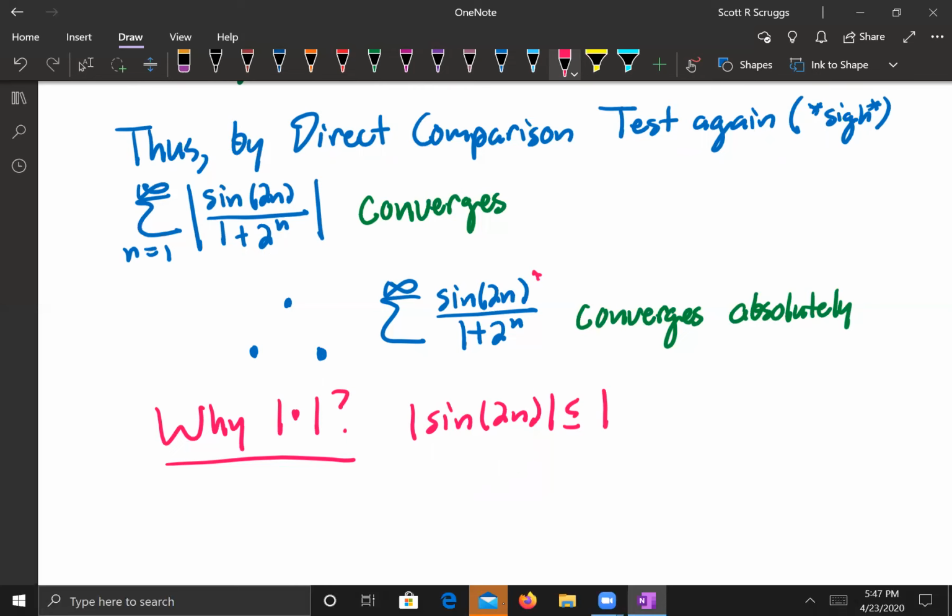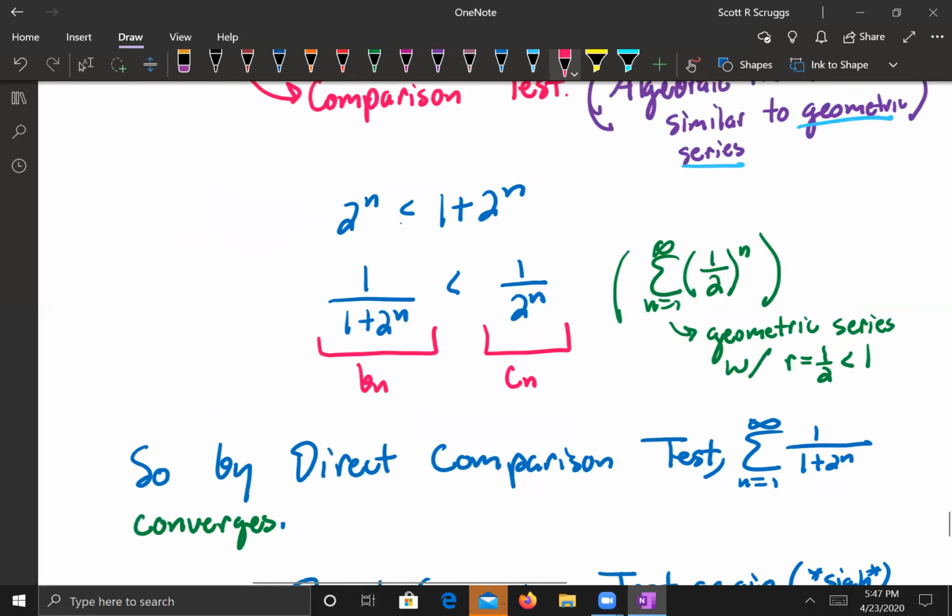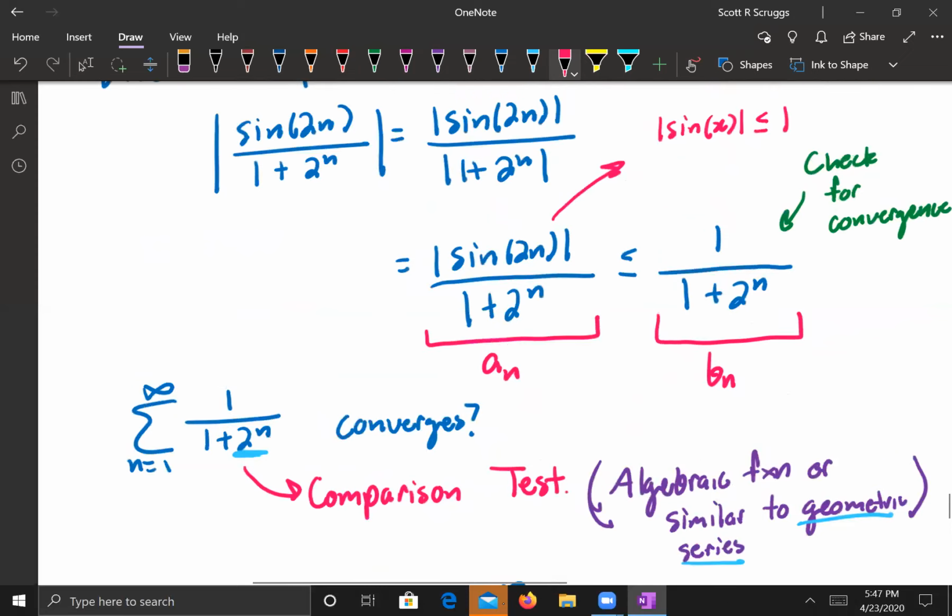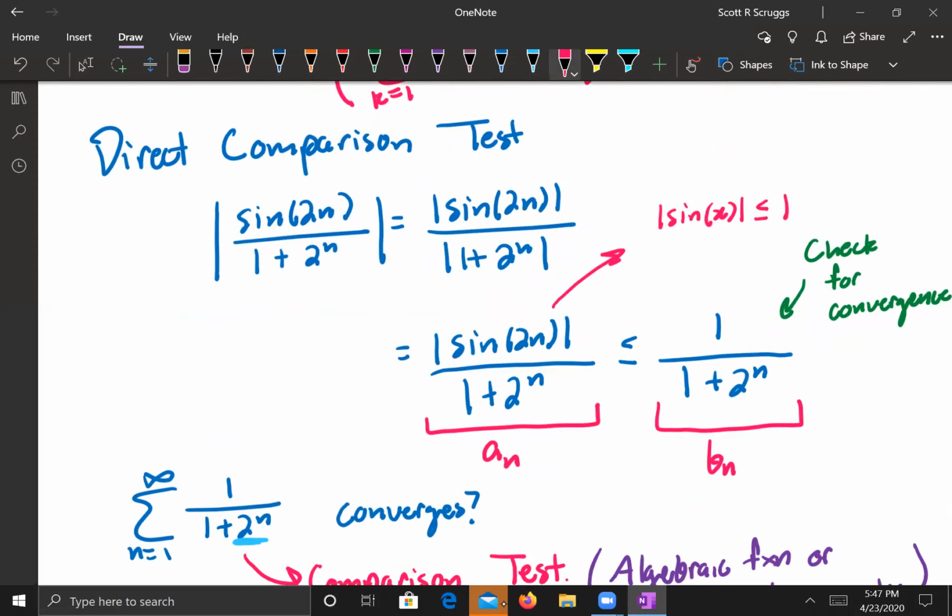Meaning, way back in this step, I could quickly do a direct comparison because I've done nothing to alter the denominator. I've only altered the numerator, which is why I have less than or equal to.